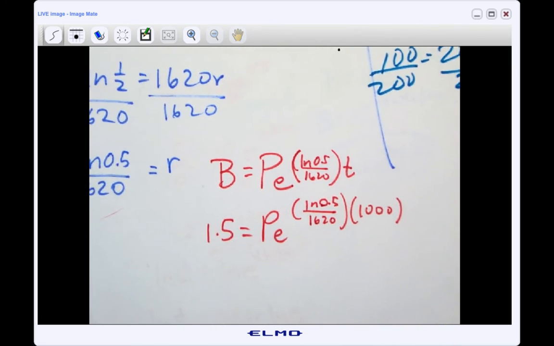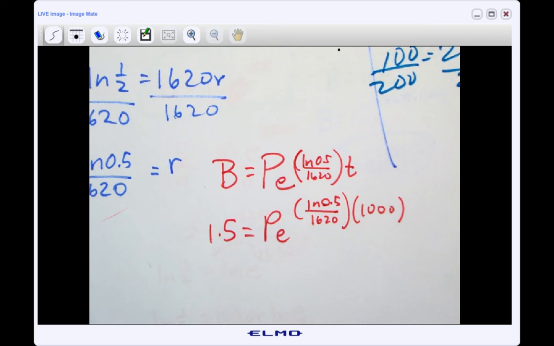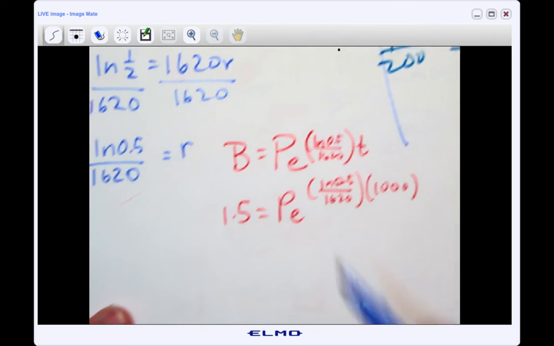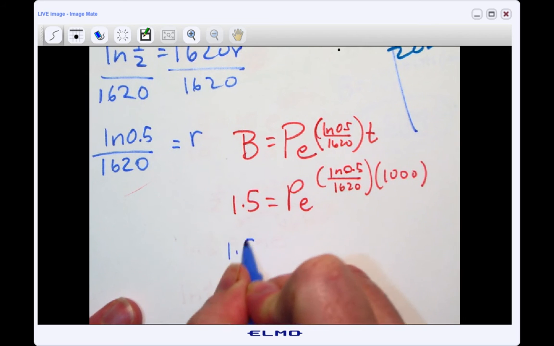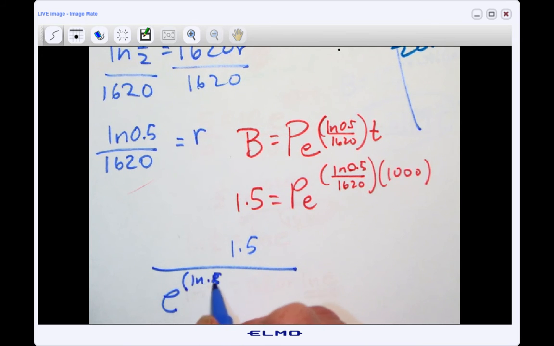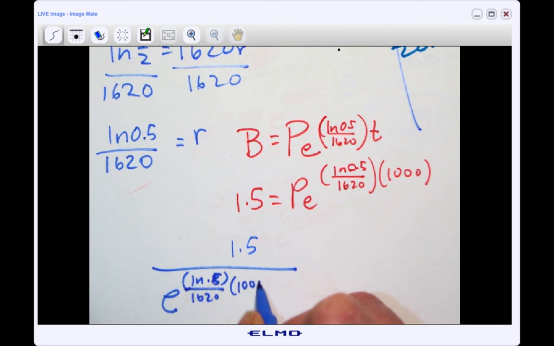And now I'm going to plug all this into my calculator. Just one more thing that I have to do, right? What am I trying to solve for? I'm trying to solve for P. So really what I'm going to do here is divide both sides by this. I'm going to have 1.5 over e to the ln 0.5 over 1620 times 1,000.